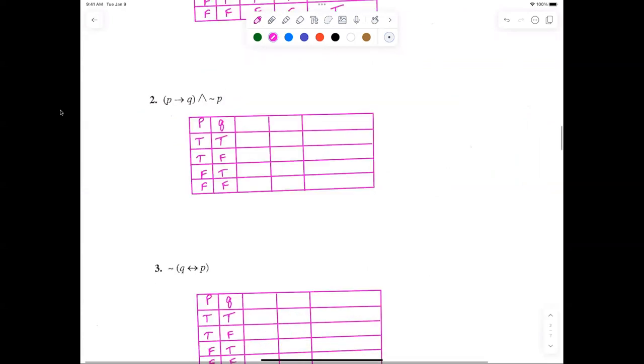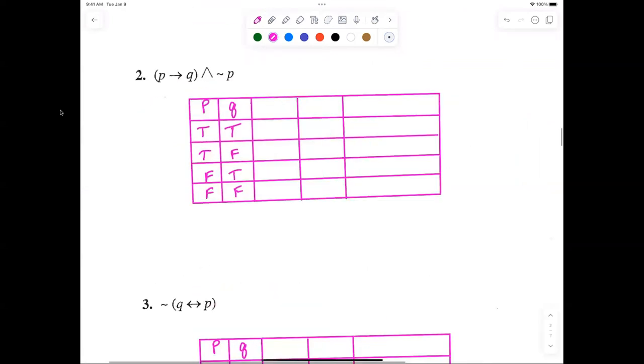All right, let's look at number 2. Now here, it's kind of annoying. So what I want to do is slide this over a little bit. And then what goes first? If P, then Q. So what's the truth value of if P, then Q?